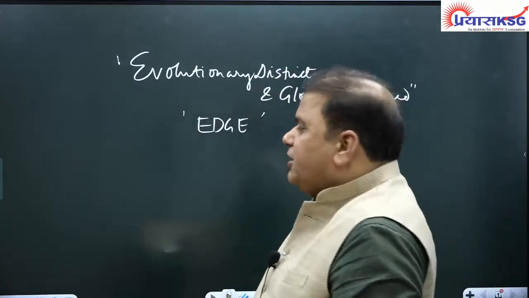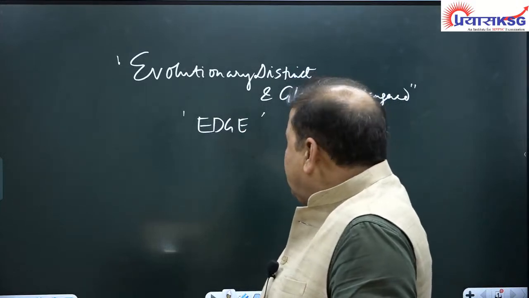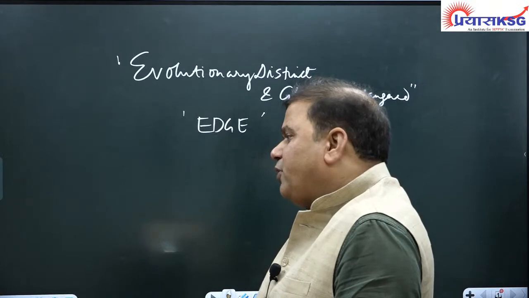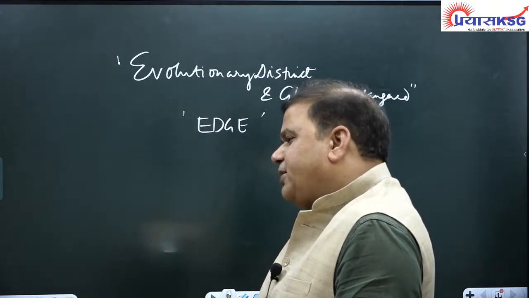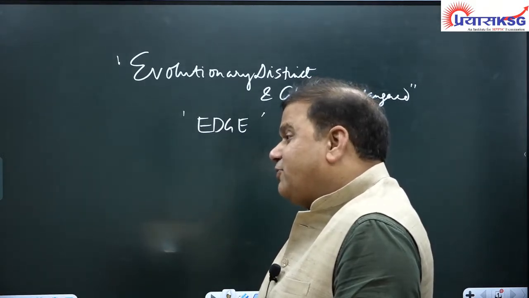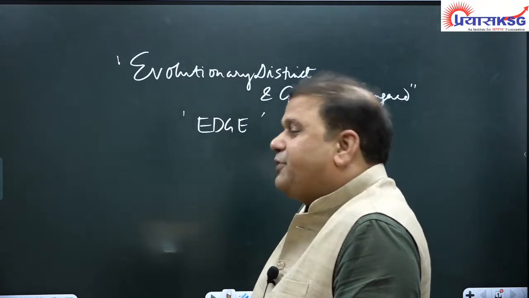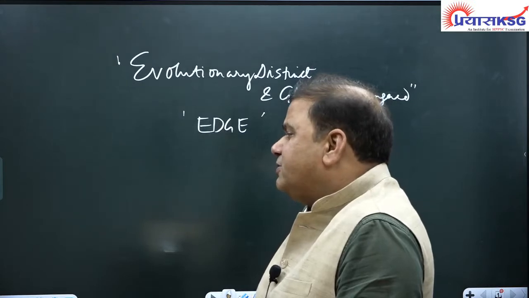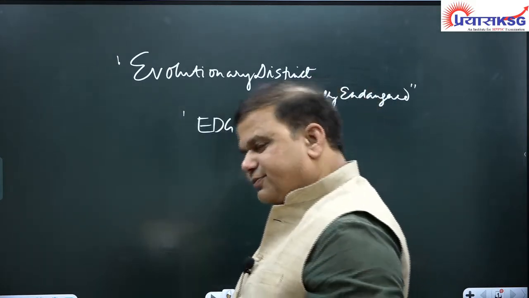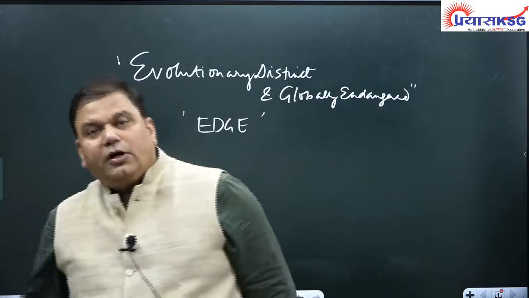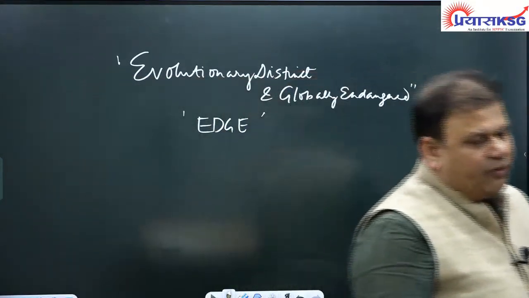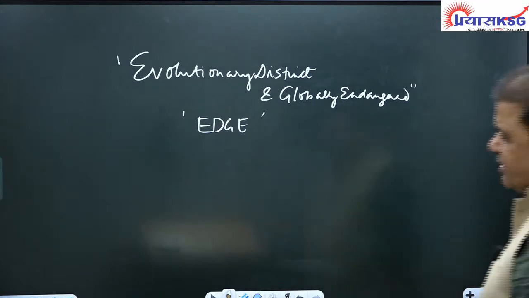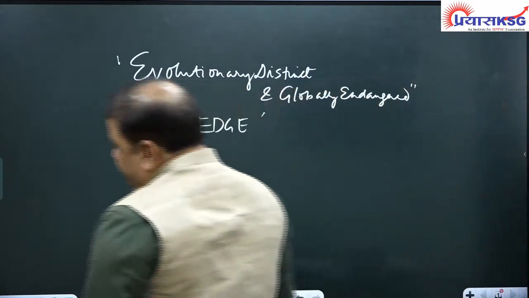So you can see that these species are the only surviving member of their genus on the planet Earth, because the other members of their genus have vanished. For example, elephant is an edge species because the mammoth is no longer there.